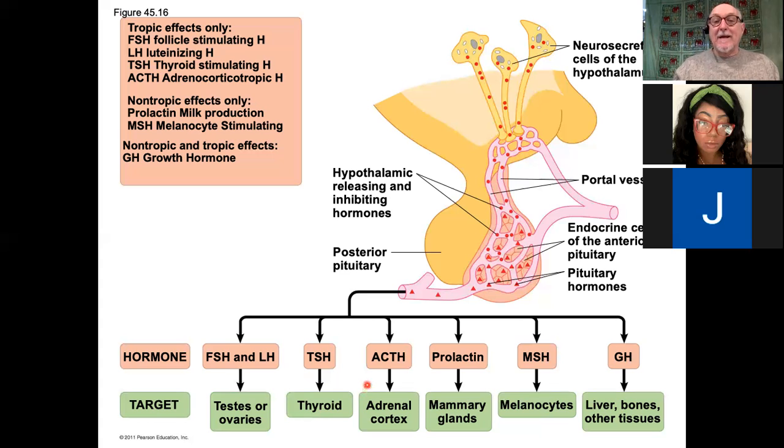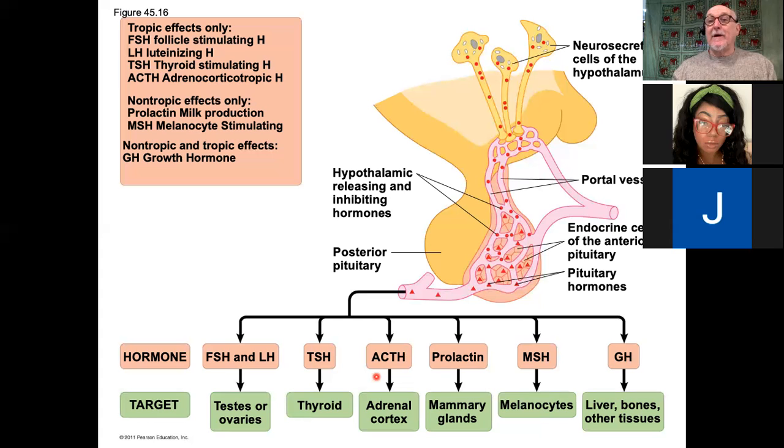So the next one is ACTH. This is adrenocorticotropic hormone. Adrenocorticotropic hormone, ACTH, operates on the adrenal gland, but not on the whole adrenal gland.